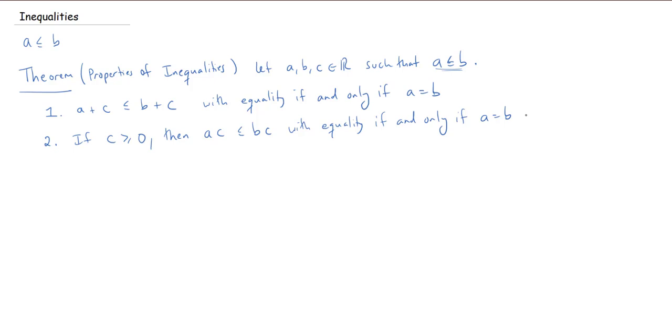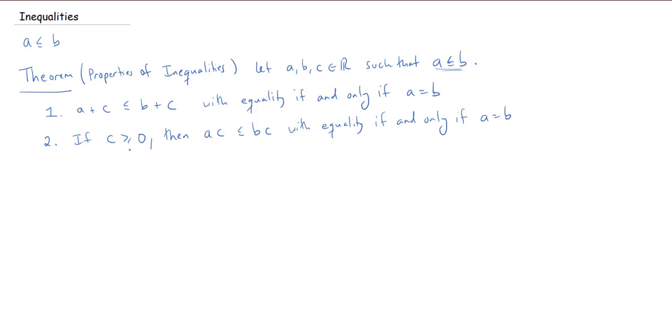All right, and I'm going to just pause here for a moment. Okay, try to see if you can think of another way that I could multiply by C and get an equality even though A and B were not the same to begin with. All right, did you figure it out? Okay, it's an extreme case, and it comes down to, well, why did I make this C non-negative instead of C positive?